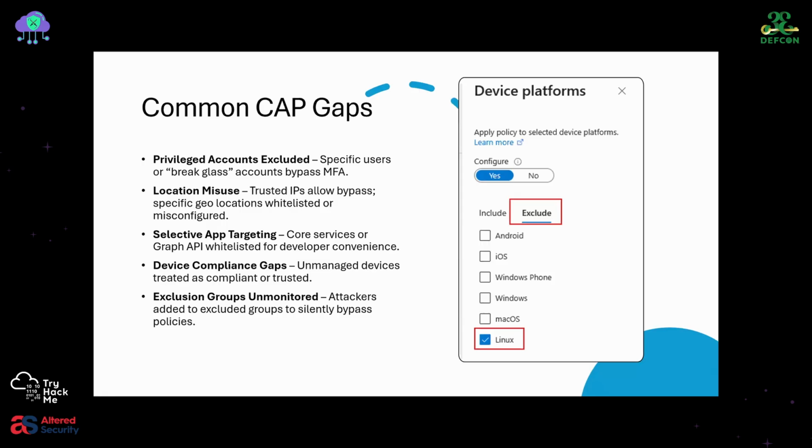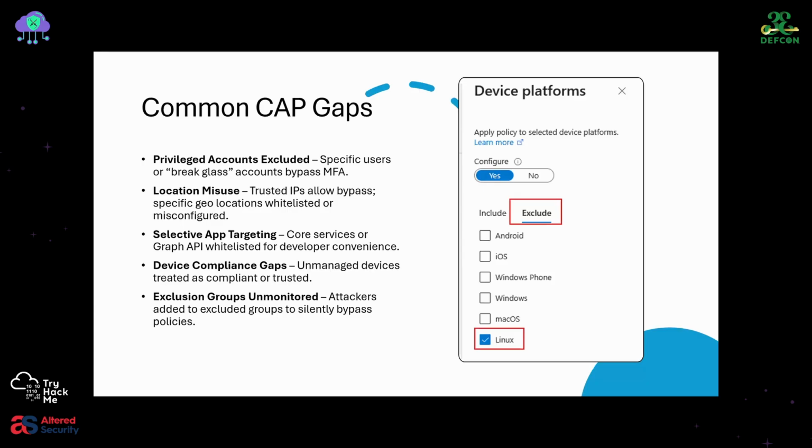In my experience, selective app targeting is the most common misconfiguration out there while defining conditional access policies. If you define certain applications that need to be bypassed just for developer convenience, that's where they exclude the application completely.